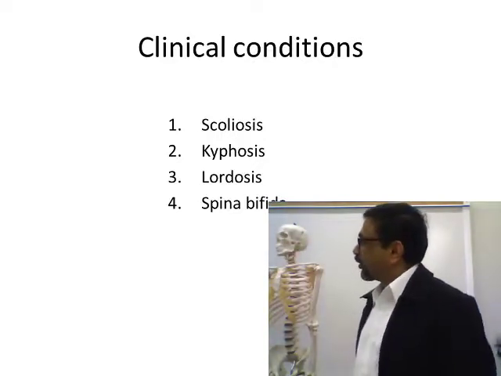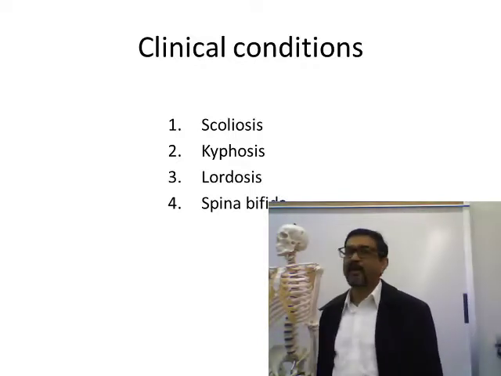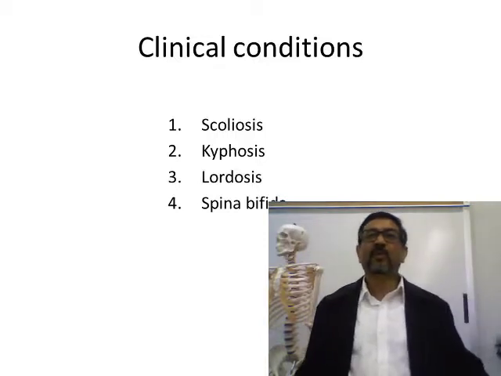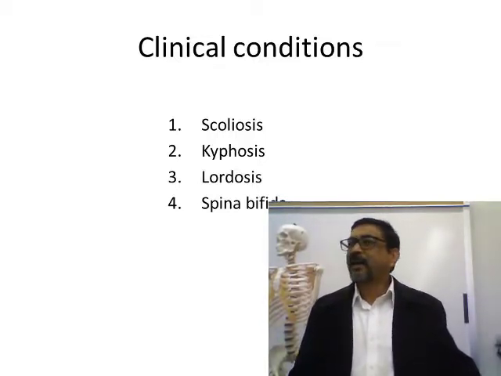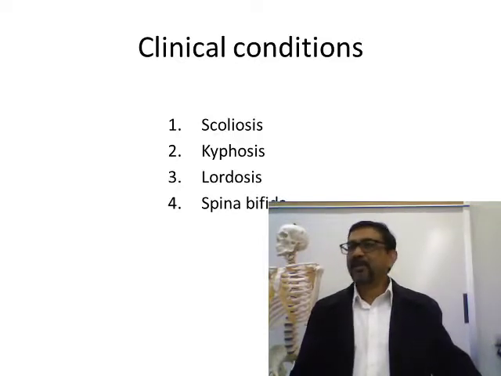What are those conditions? Scoliosis, kyphosis, and lordosis. Those three are abnormal bending of your vertebral column or spine.